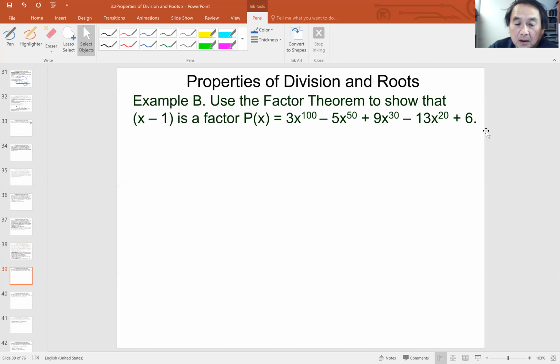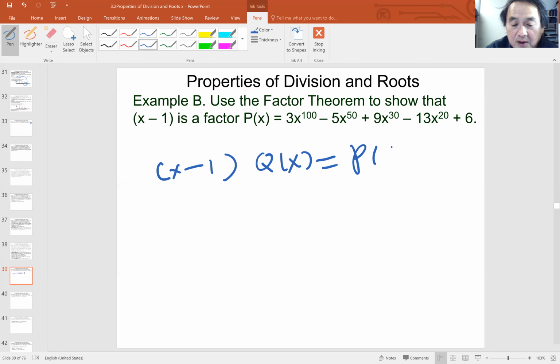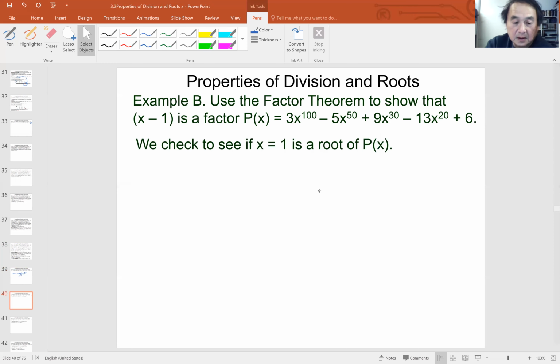So here, let's use the factor theorem to show that x minus 1 is a factor. How can we do that? Do I have to divide it out to find what x minus 1 times something becomes this polynomial p of x? No, all I have to do is plug it in and check that it's a root.